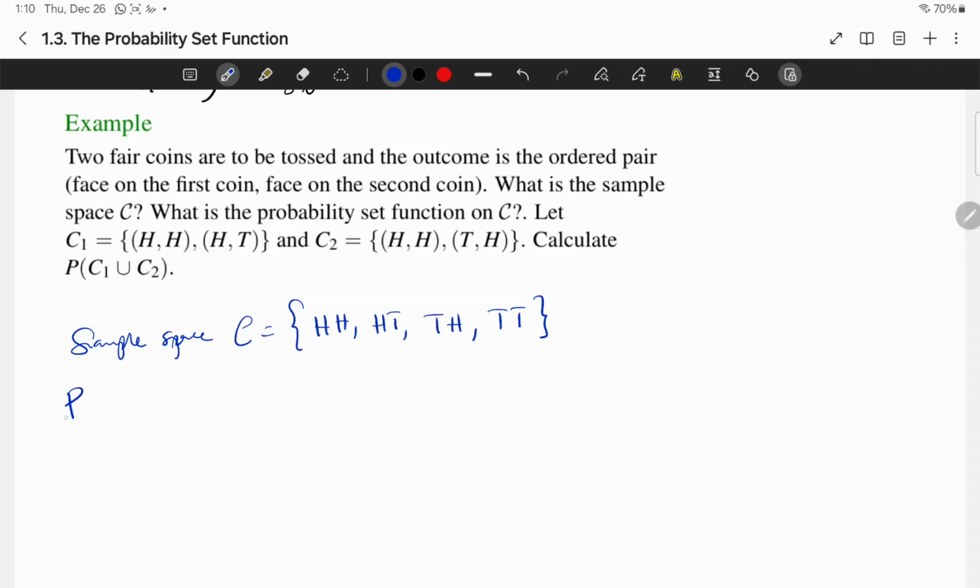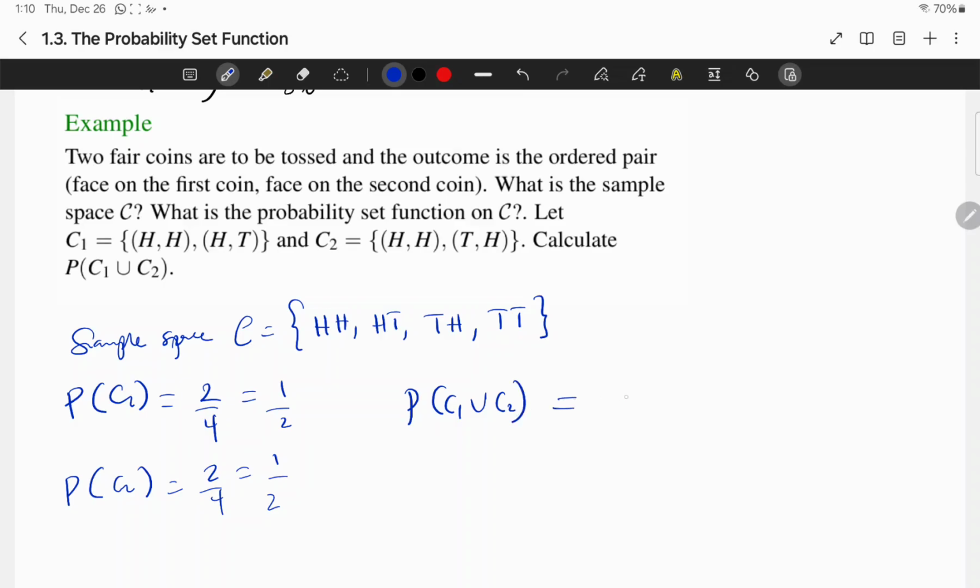So the probability of C1, we have head head and head tail, and that will be equal to 2/4, and that is half. The probability of C2 is also 2/4, which is equal to half. And the probability of C1 union C2 is the probability of C1 plus the probability of C2 minus the probability of C1 intersect C2.